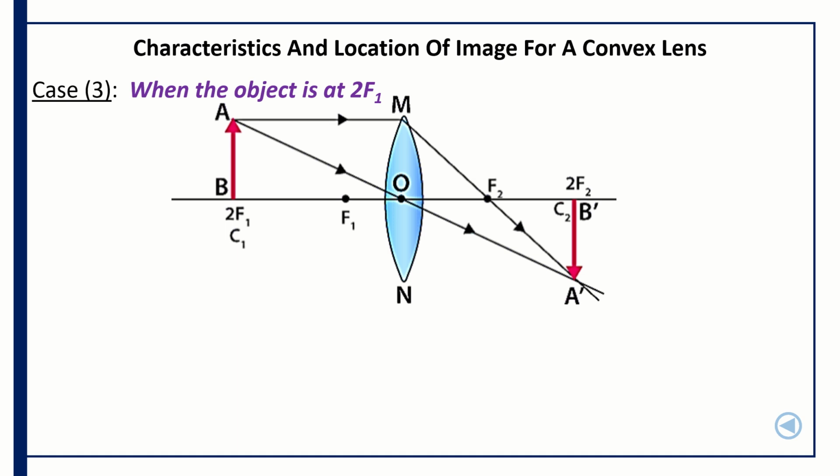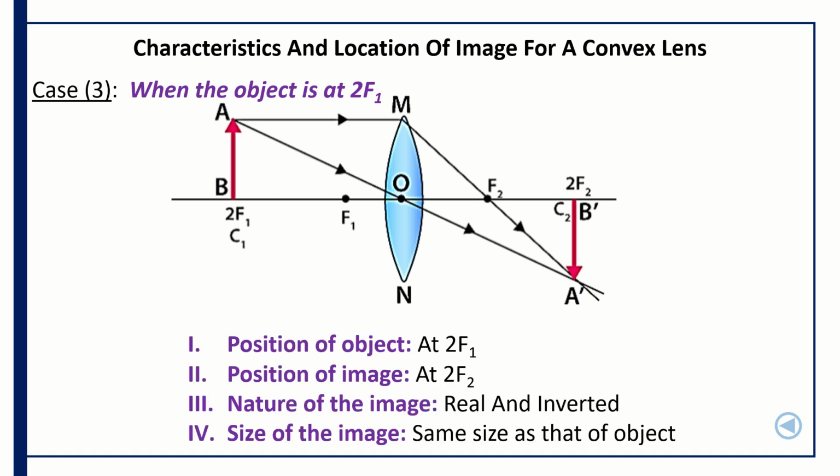Both will intersect at a point and create an image at exactly the 2F2 distance from the lens, that is twice the secondary focal length of that lens.